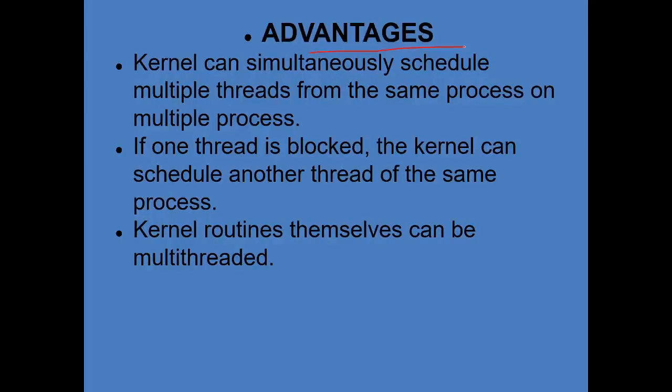Advantages of kernel threads: the kernel can simultaneously schedule multiple threads from the same process on multiple processors. If one thread is blocked, the kernel can schedule another thread of the same process. So if threads are blocked and not able to perform, it will generate other threads. Kernel routines themselves can be multi-threaded.